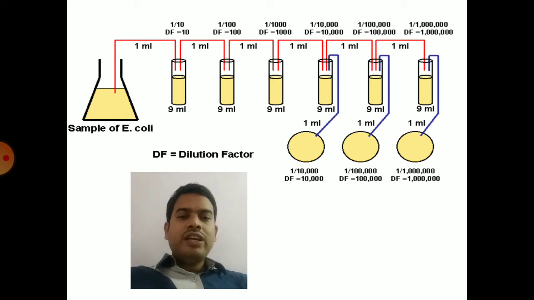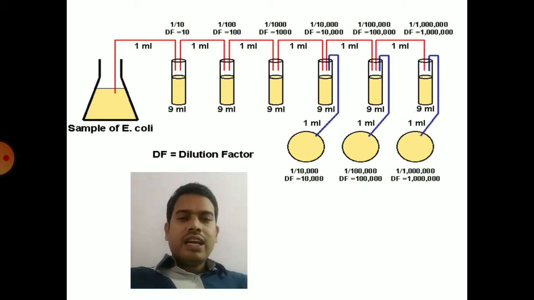If it is from soil, you take 1 gram of soil and dissolve it in 100 ml of water or 1000 ml of water. Then you will get a group of bacterial species in the water which is mixed with soil.